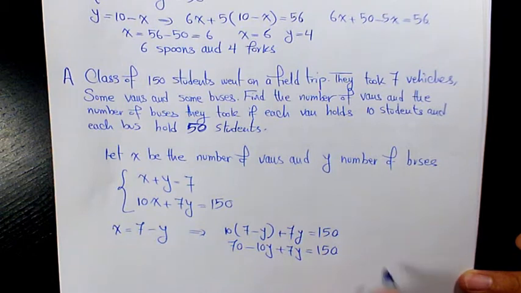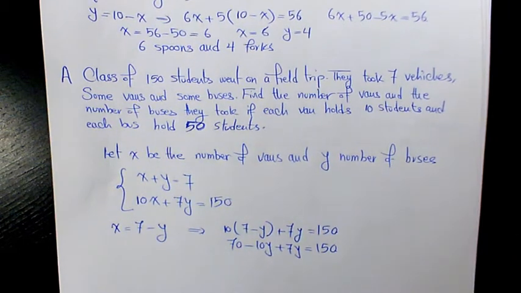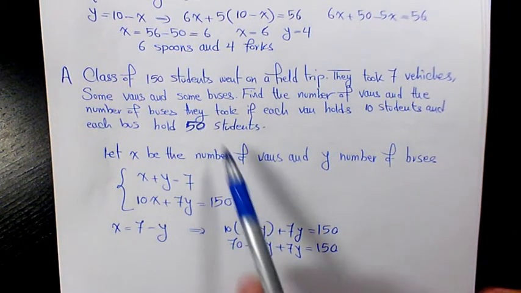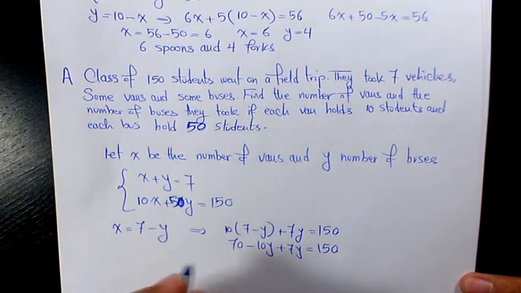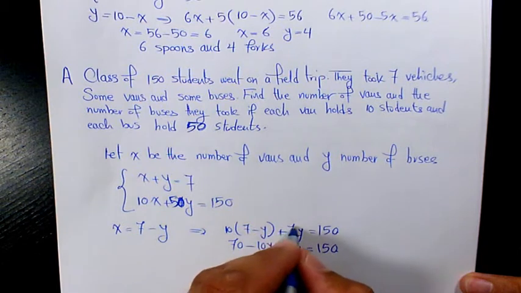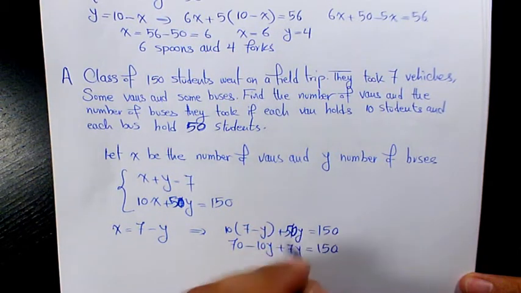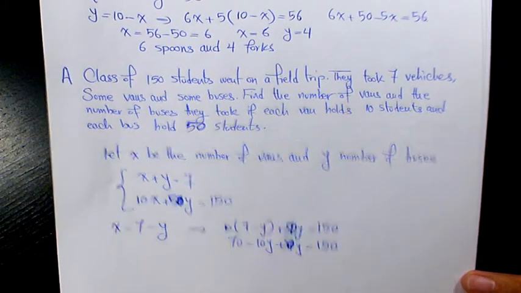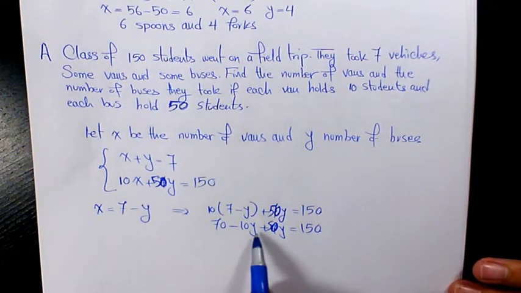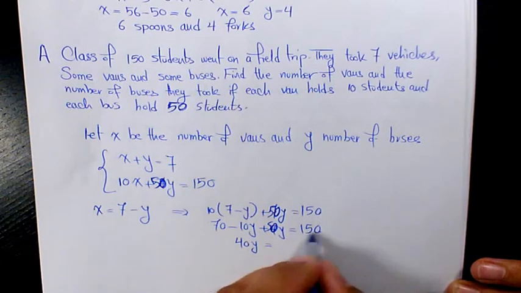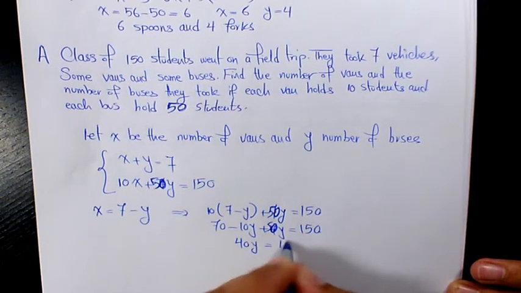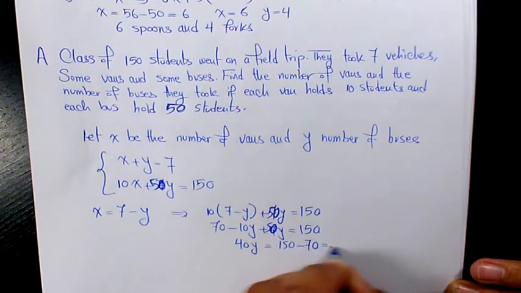Here it says 50 students per bus, so it's going to be 50y here. And therefore this one is 50 as well, and this one is 50 as well. So 50y minus 10y is going to be 40y, and here we have 150 minus 70, which is 80.